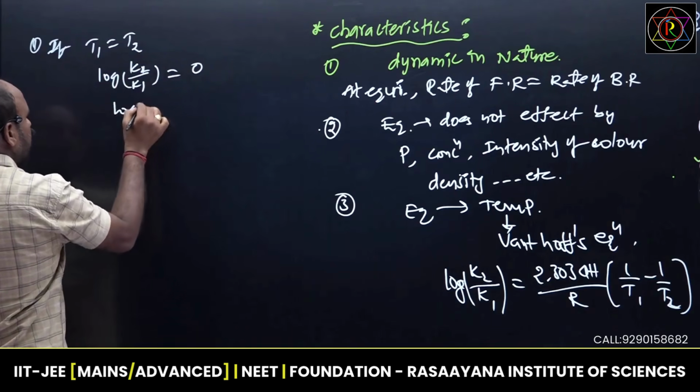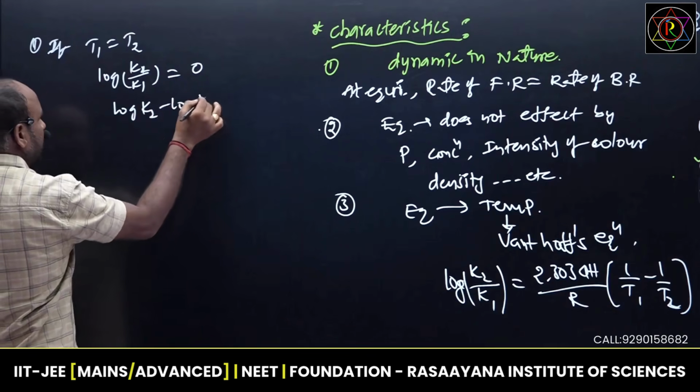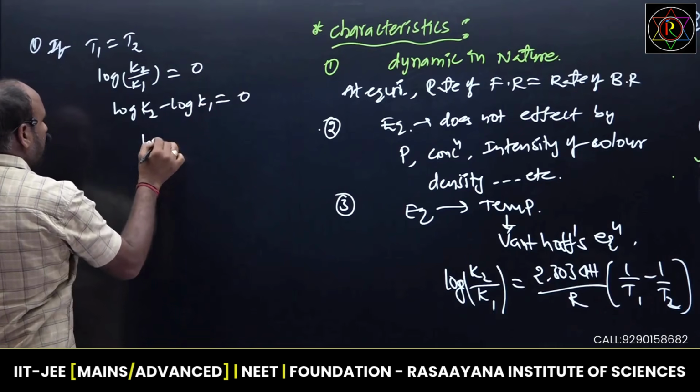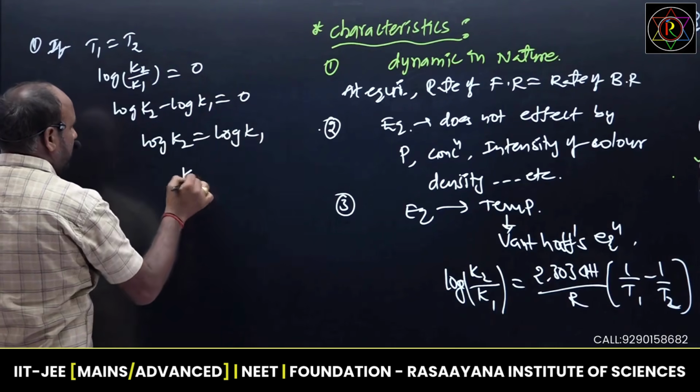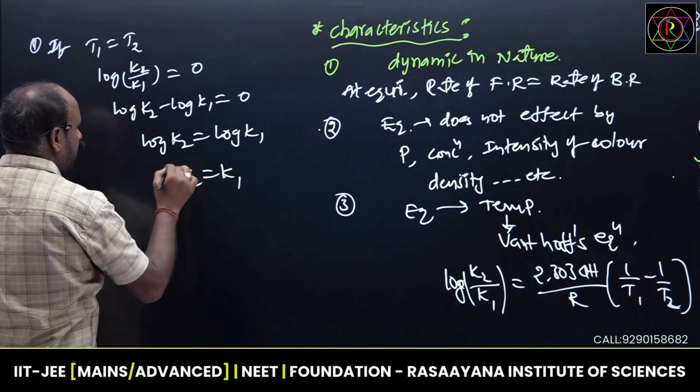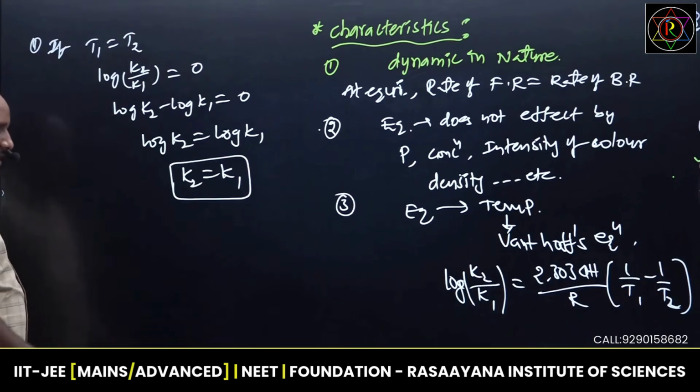Therefore log K2 minus log K1 is equal to 0, so log K2 is equal to log K1. Therefore the equilibrium constant K2 is equal to K1.